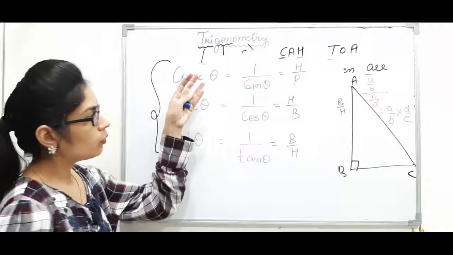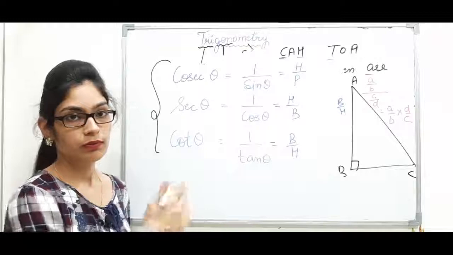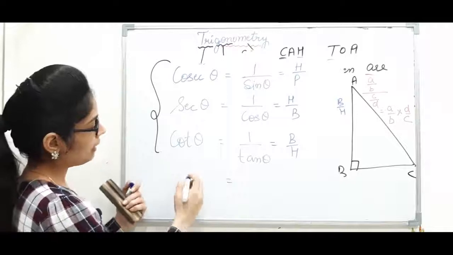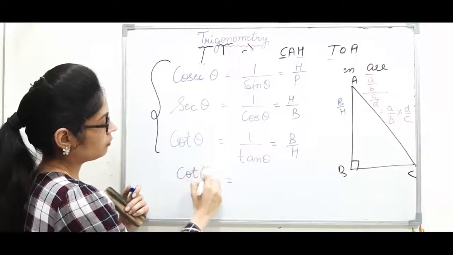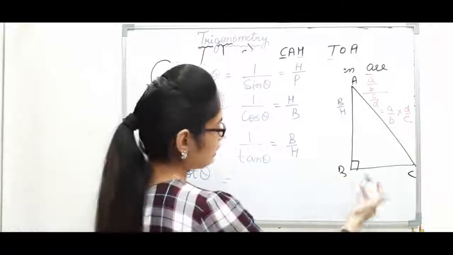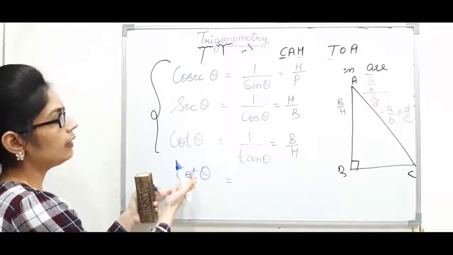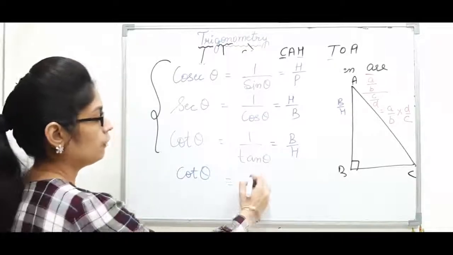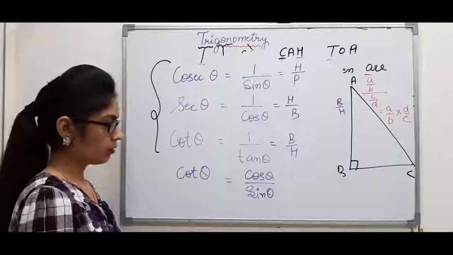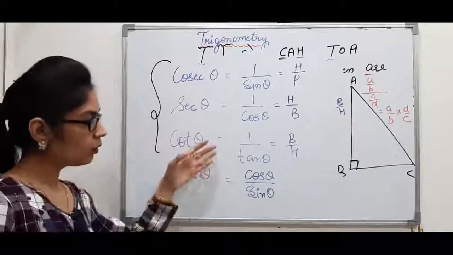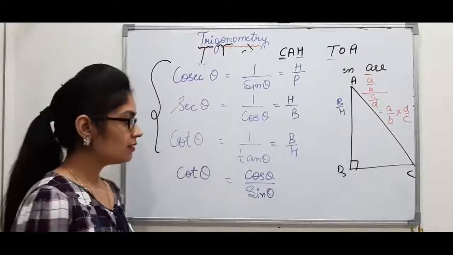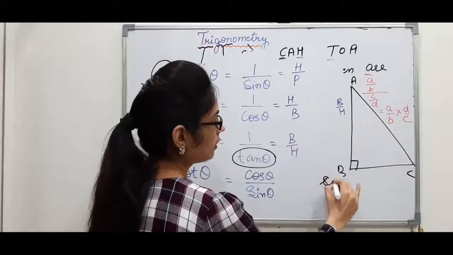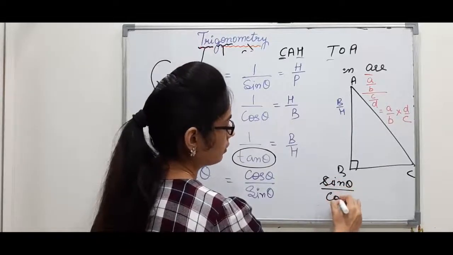Now you can make a note of the values of all 6 trigonometric ratios. Like tan theta is sin theta upon cos theta, same way cot theta is cos theta upon sin theta, since it is the reciprocal of tan theta.